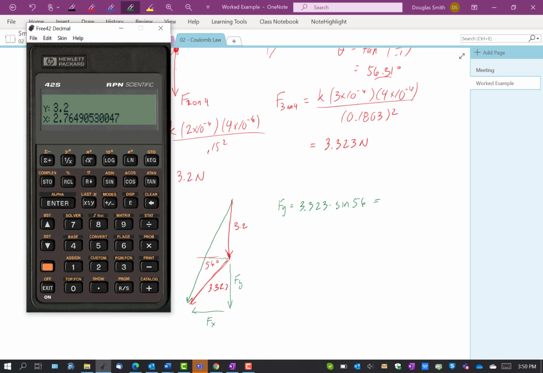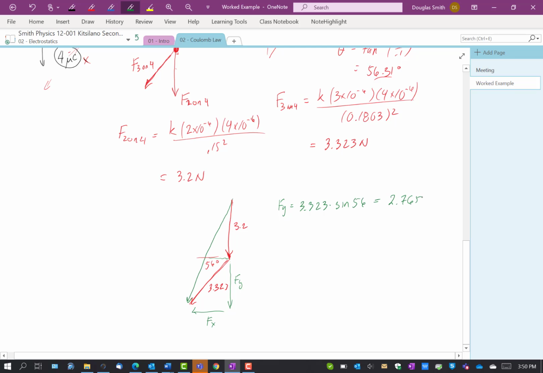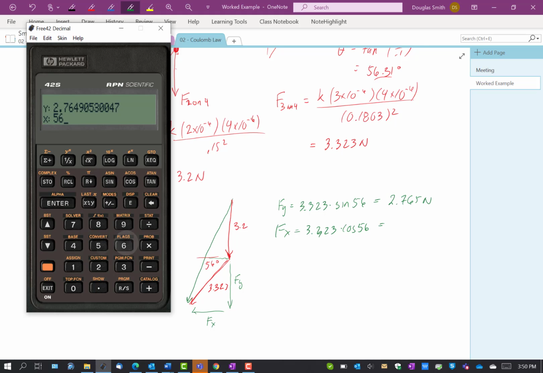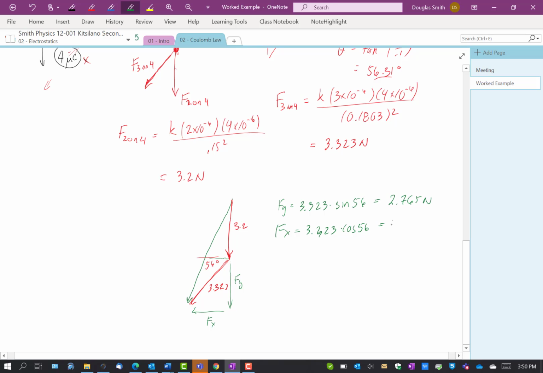So that's 2.765. And then Fx is 3.323 times cos 56.31. So cos 56.31, 3.323 multiply, 1.843.